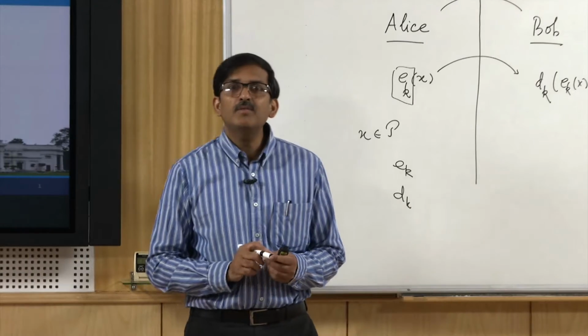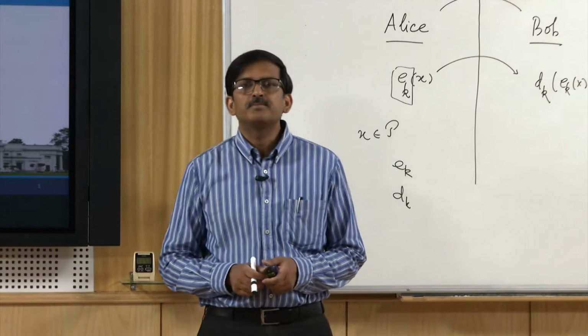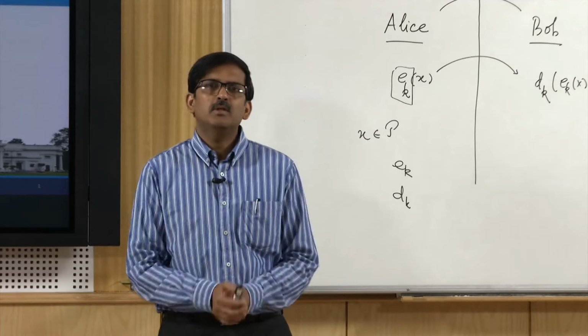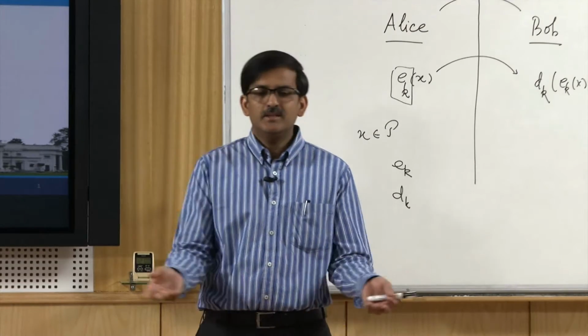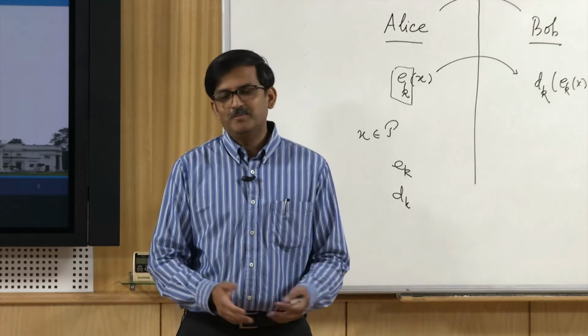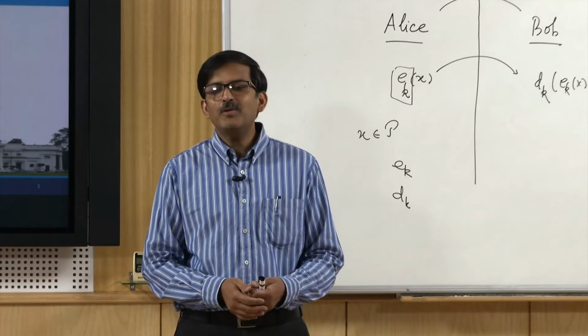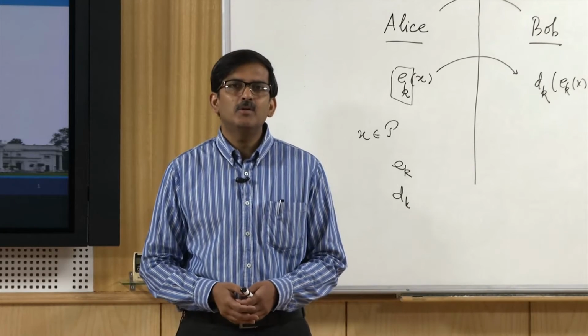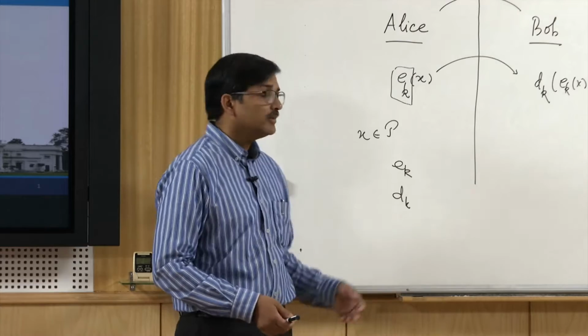For example, if Alice and Bob are using a shift cipher, the key is something between 1 and 25, and you just take minus of that key and reduce modulo 26, and then Alice will know the decryption function.